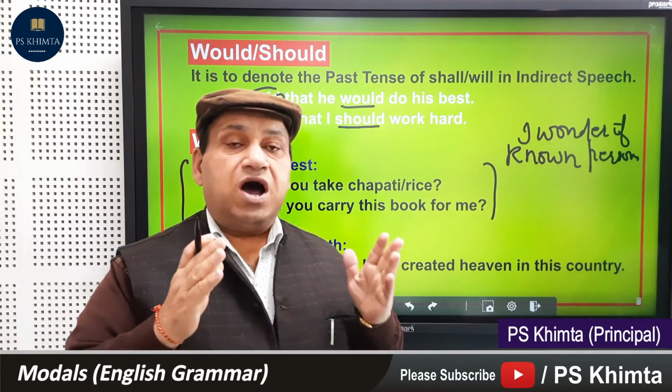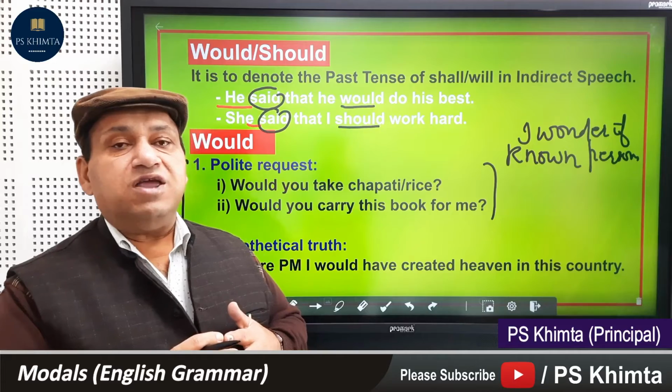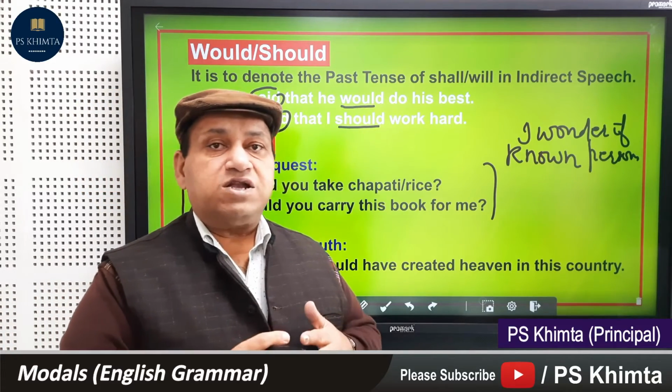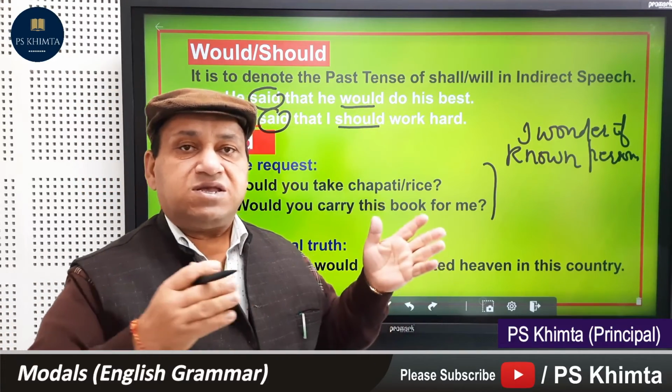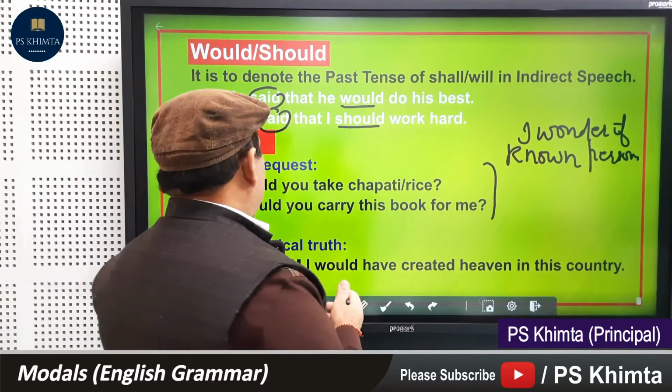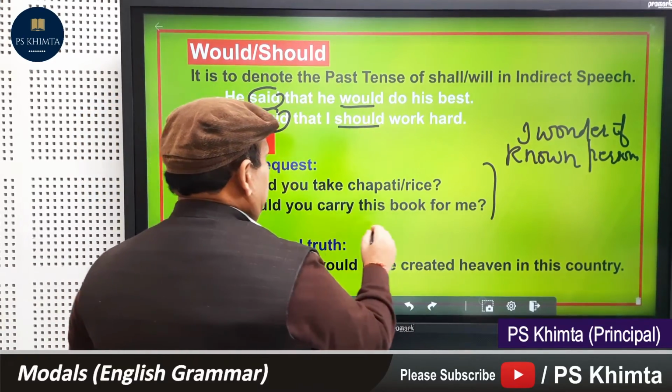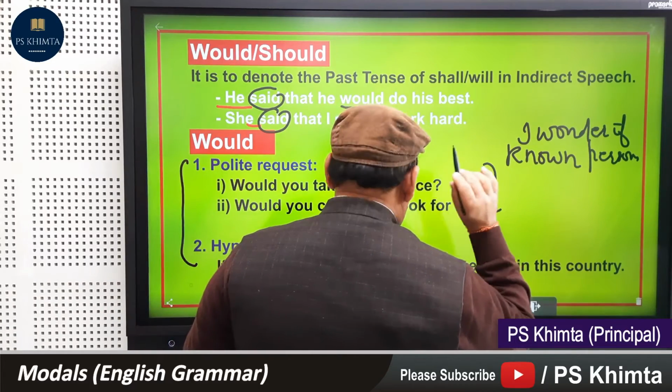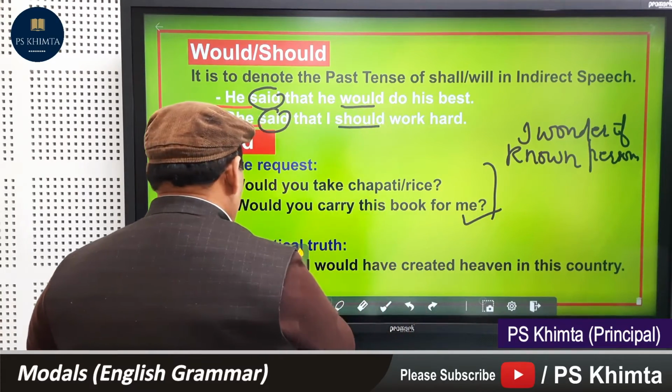So this is to an unknown person. I wonder if you would let me know to which place this road leads. Like that. The second one is, would you carry this book for me? These are two sentences we have done for polite request.